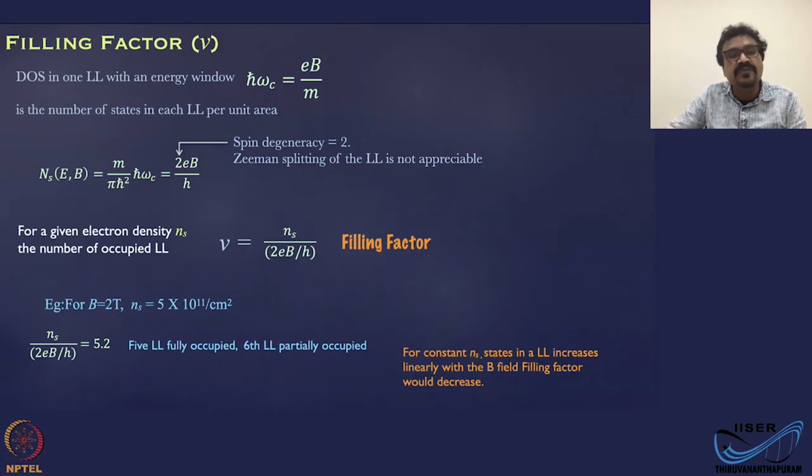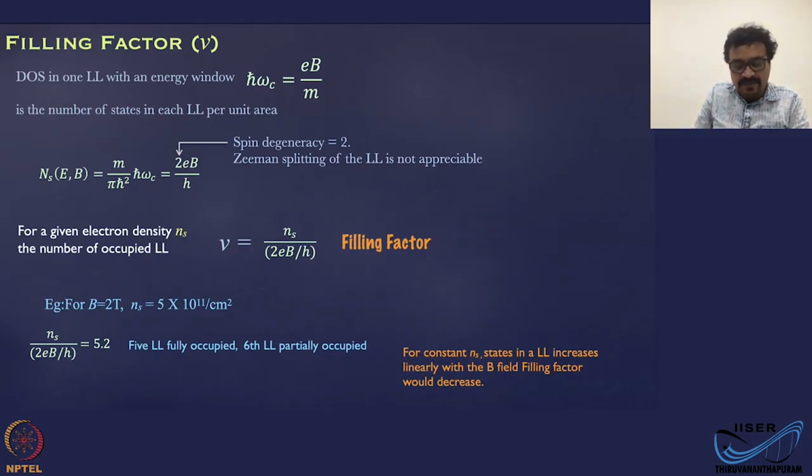So for a given electron density Ns, the number of Landau levels occupied is given by the electron density Ns divided by the number of states in each Landau level at a given B field. And this quantity is called filling factor, generally represented by the letter nu.